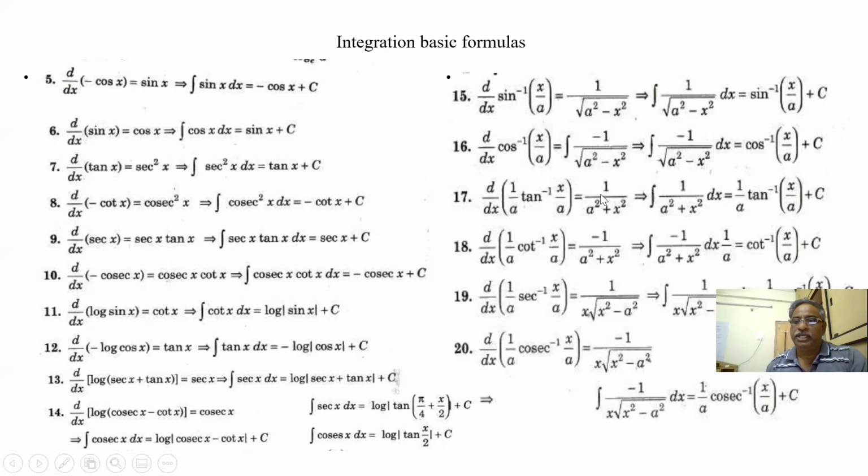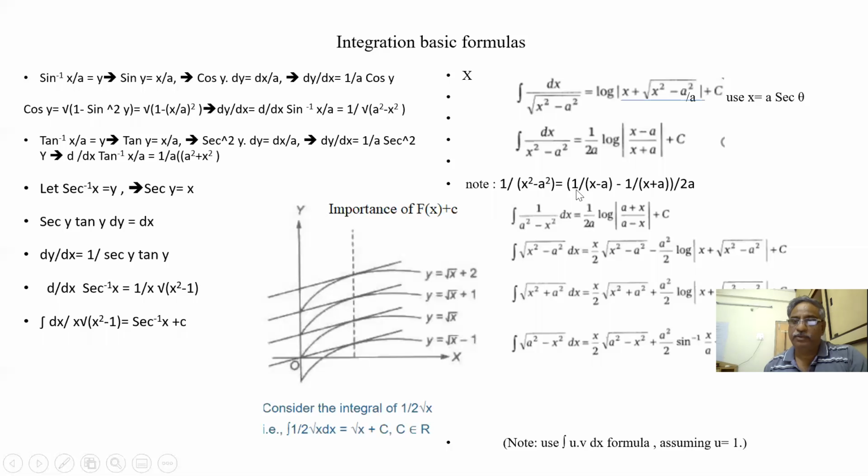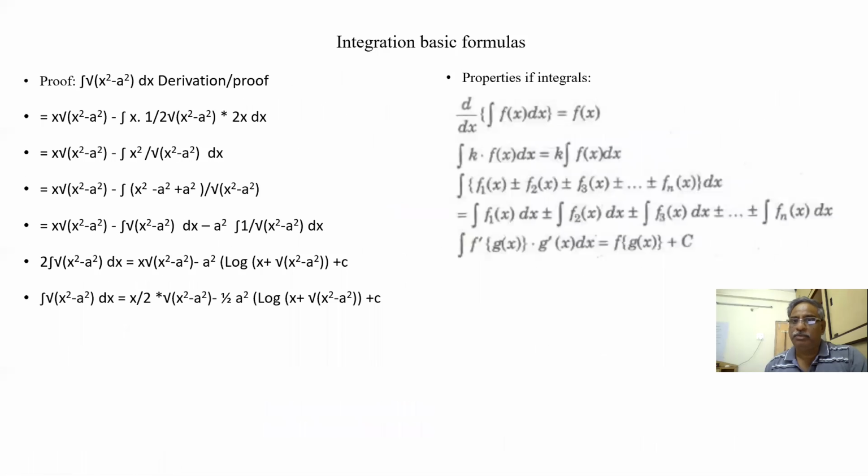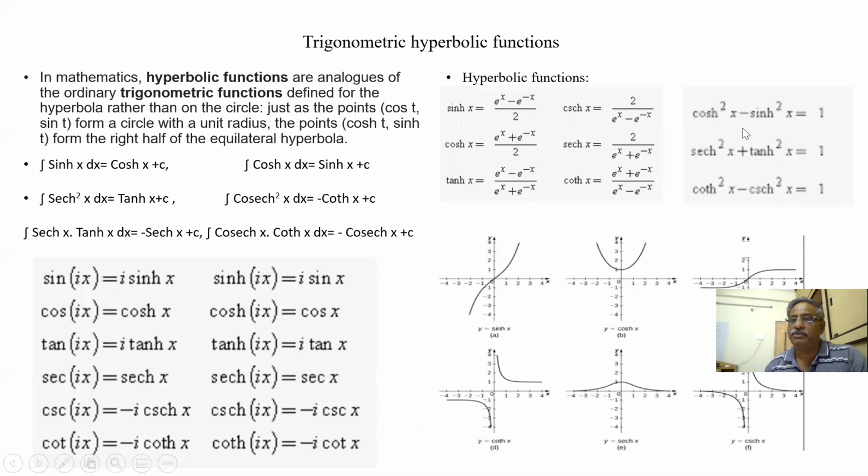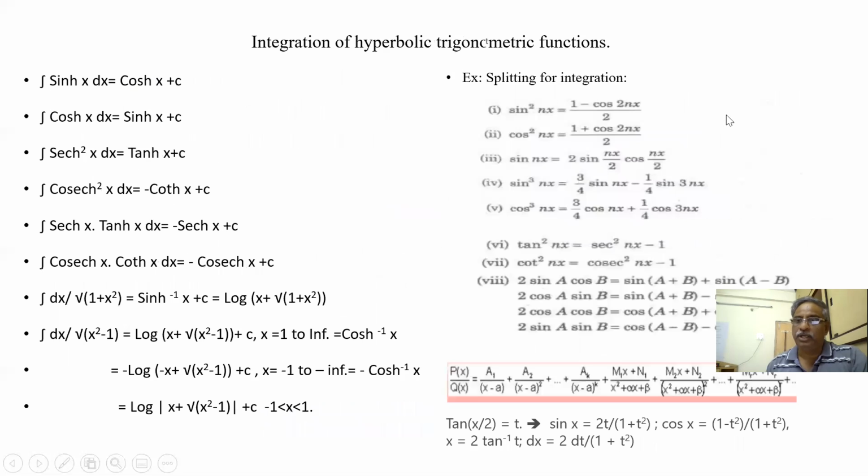So depending on a square plus x square, I can use 1 plus sinh square theta is cosh square theta. Like that I can use because of this difference in property, to convert the root into a simple non-radical expression.